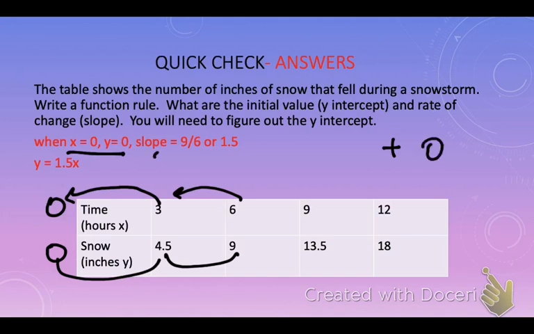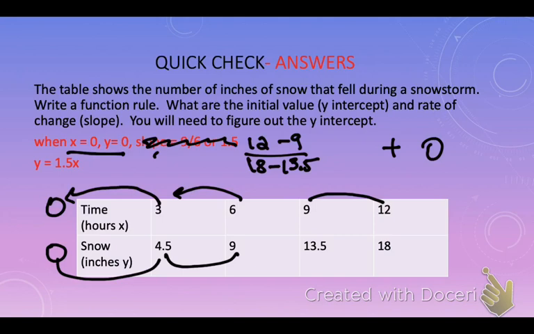Slope, I look at the rate of change, right? So we could look at actually this. Let's do 12. Let's not do that. Let's do 12 minus 9 over 18 minus 13.5.